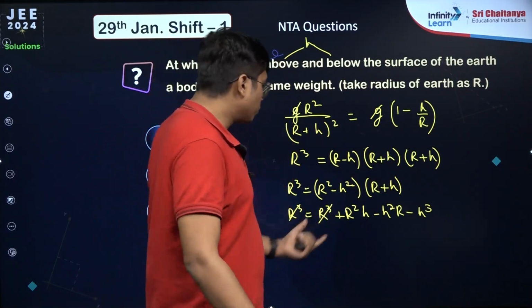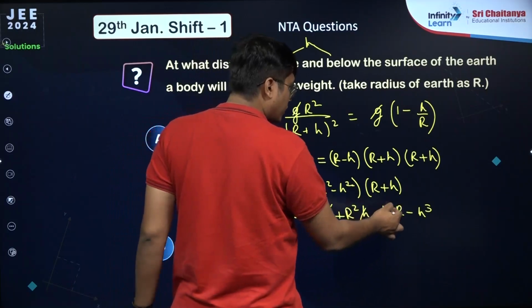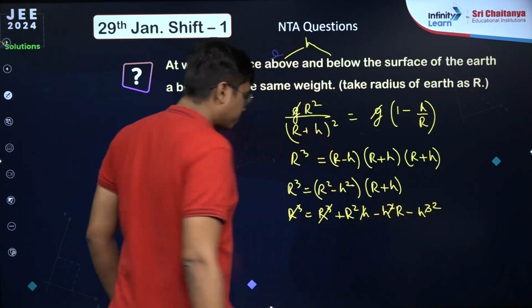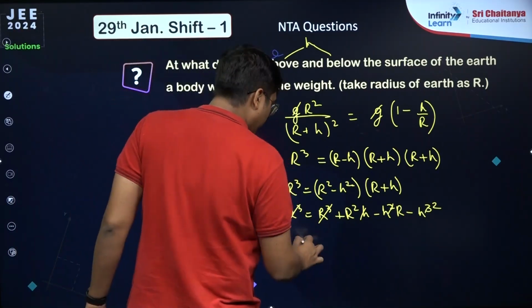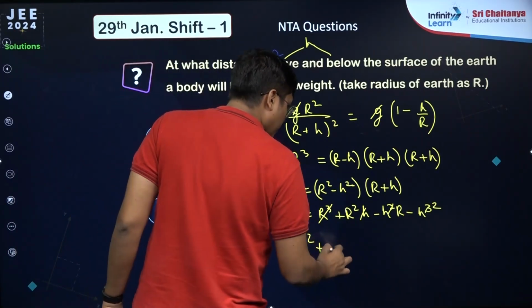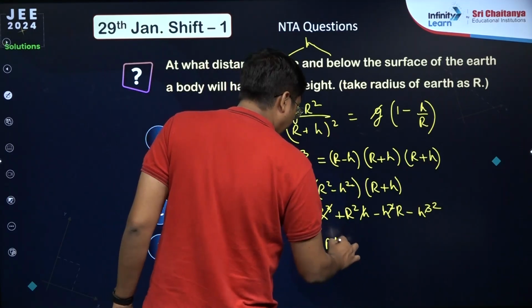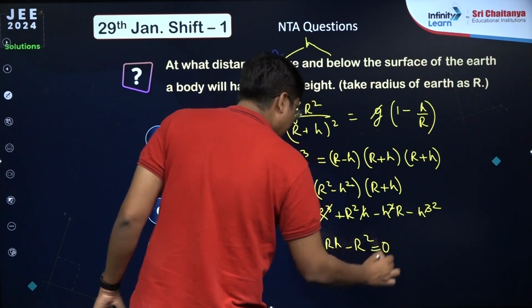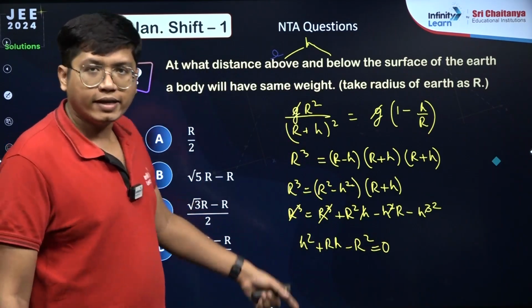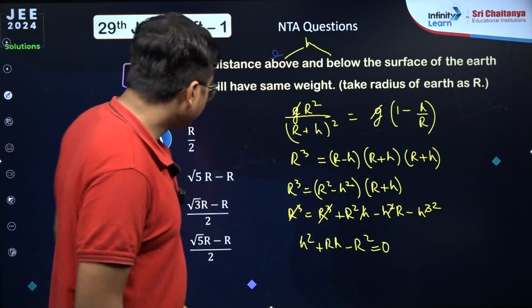So you have this equal to 0, so you can cancel out one h each, because you'll have that equal to 0, so you can take out one of the h's. So you are effectively left with h square plus Rh minus R square is equal to 0. So you're looking for that height. Apply your Sridharacharya formula.